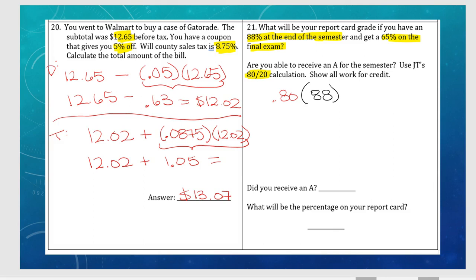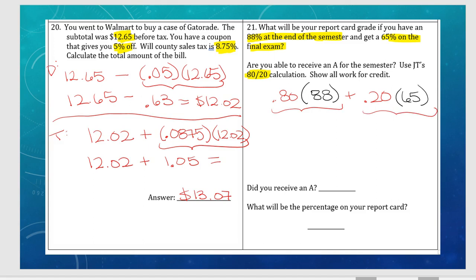Then we have to add on to that 20% of our final exam grade, which is 65%. And then we're going to go ahead and use the calculator to see exactly what our report card grade will be.